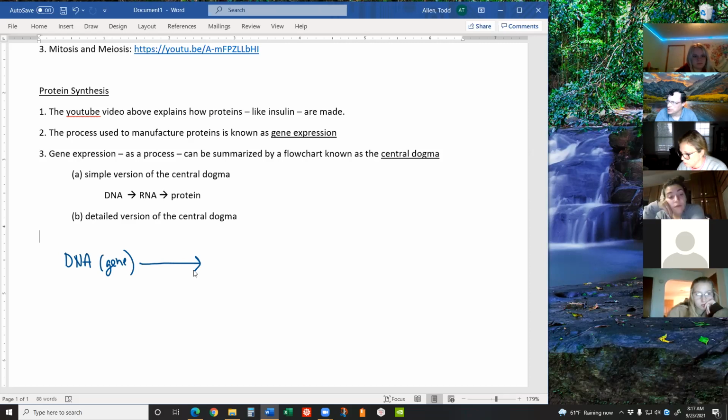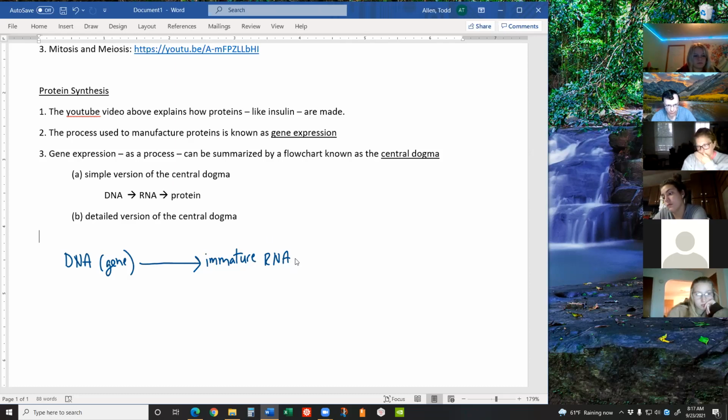That gene is then used by machinery inside the nucleus to manufacture what we will say at this point is immature RNA. That immature RNA is going to go through a chemical process known as RNA processing, where snippets of RNA that are not necessary are going to be removed.